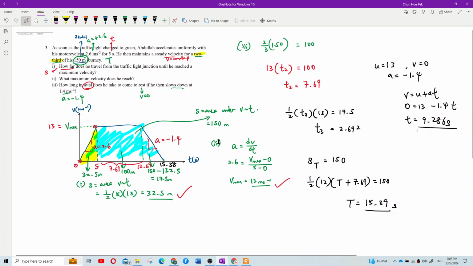So right now my answer is 15.39, and this 9.286 plus, because I should get 2.69, but when I use the deceleration, I get 9.286, which is not the same as 2.69. So I think that's it lah for this question. Okay.